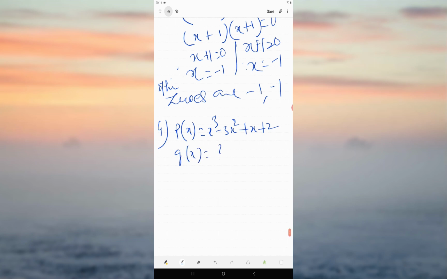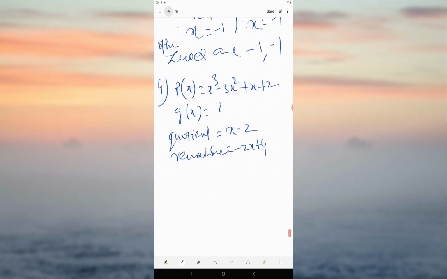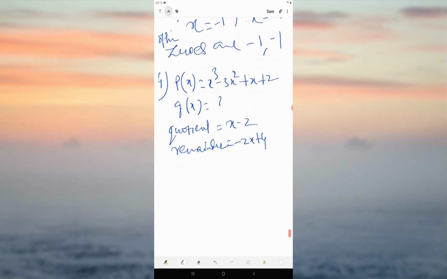The quotient equals x minus 2 and the remainder equals minus 2x plus 4. So this is our quotient and remainder. What we need to find is gx.